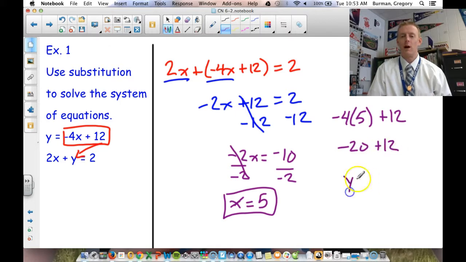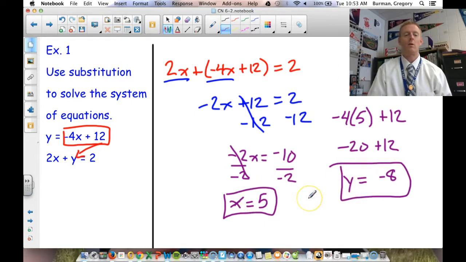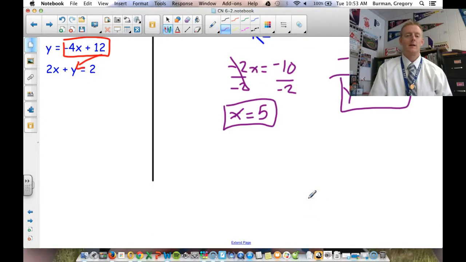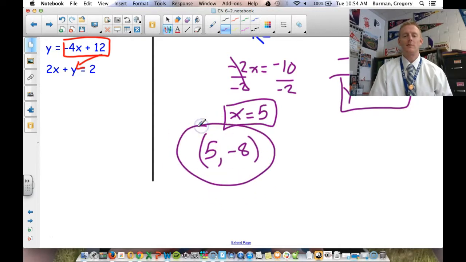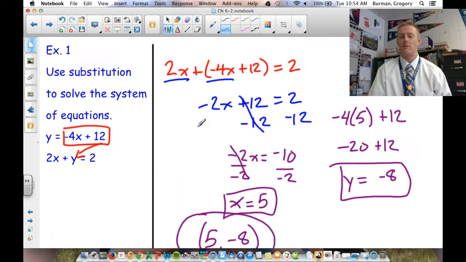We get that y is equal to a negative 8. So x is 5, y is negative 8. Our ordered pair answer then is 5 comma negative 8. If we were to graph these, we would have a solution at 5, negative 8. That means that's where the two lines are going to intersect. So that's how we solve by using the substitution method.